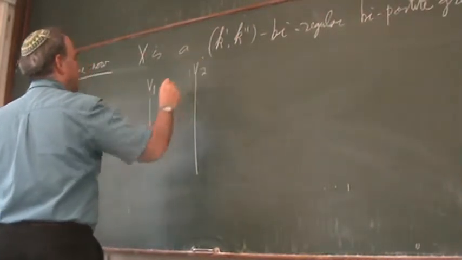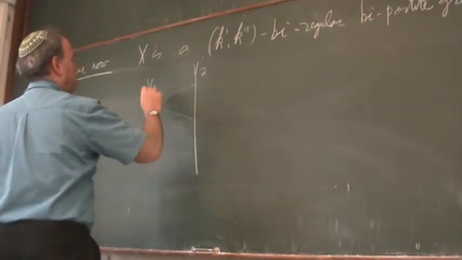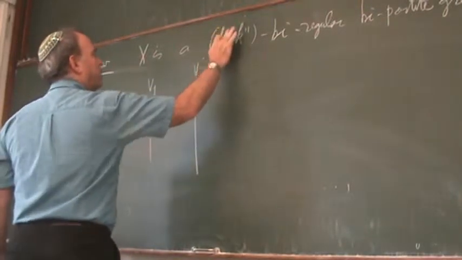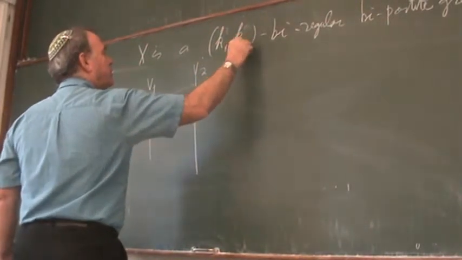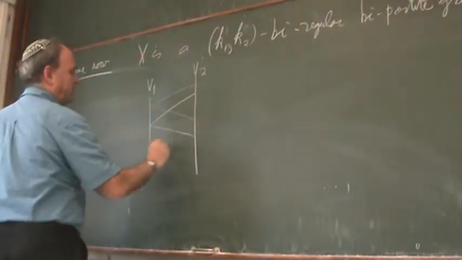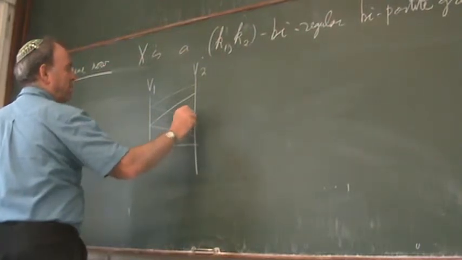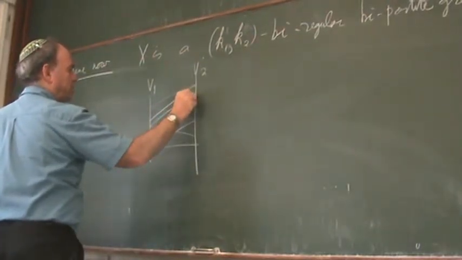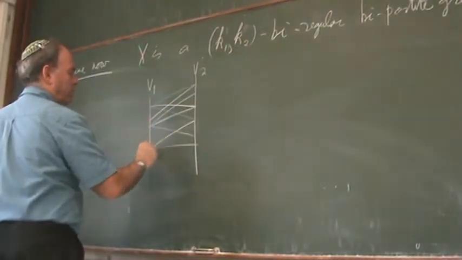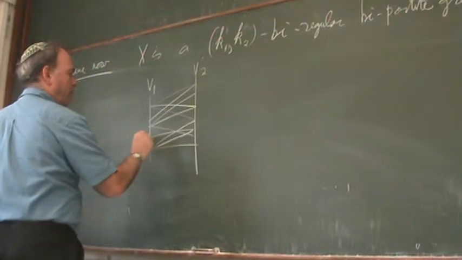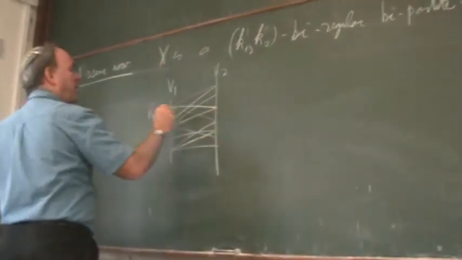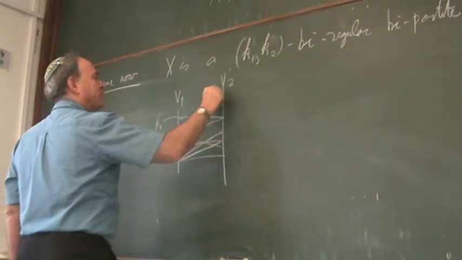They are not necessarily of the same size. Maybe I'll call the degrees K1 and K2. So the degree on this side is K1, and the degree on the other side is K2, for every vertex.